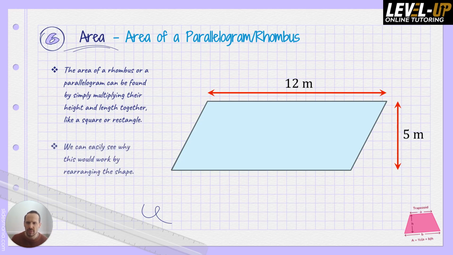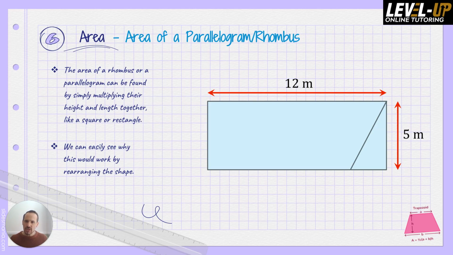But we can prove it more thoroughly here by doing the same thing that we've seen, where we divide a shape up into smaller, simpler shapes. So say here, I could chop it down here to produce a triangle, and imagine moving that triangle over here. You see how it forms a perfect rectangle now, 12 by 5. And so therefore, the area is going to be 60 meters squared.